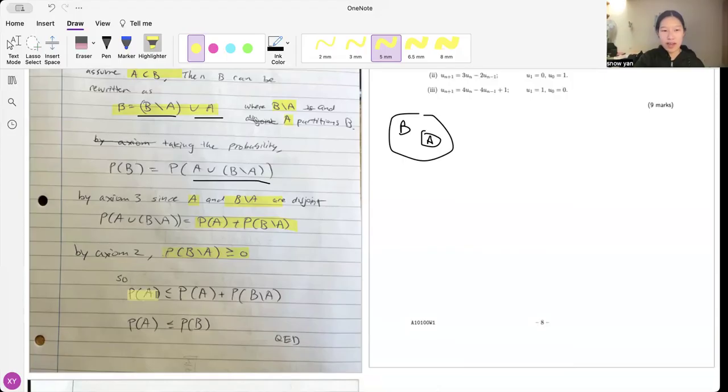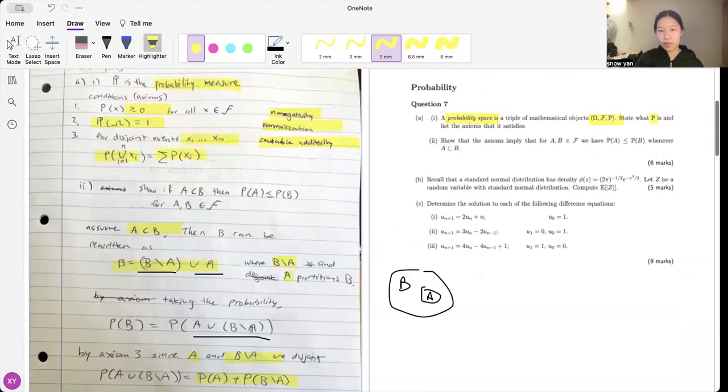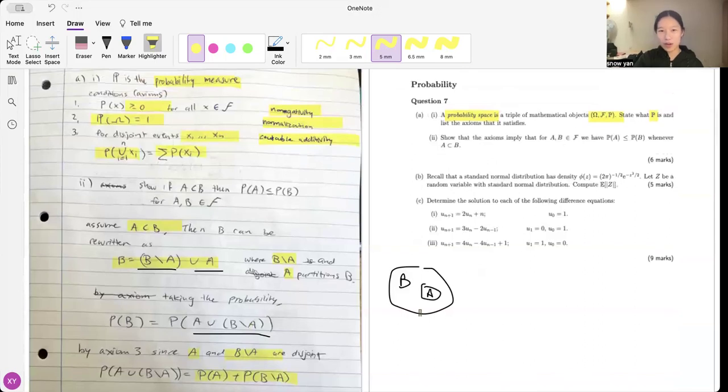So the probability of A is smaller than the probability of A plus something, and this on the right-hand side is the probability of B. So the probability of A is less than or equal to the probability of B. So we're done with our proof. So A was really just bookwork.